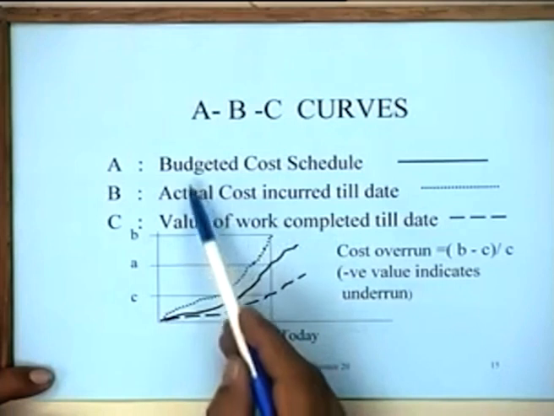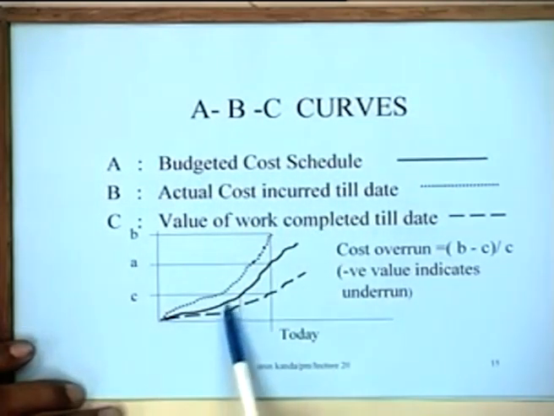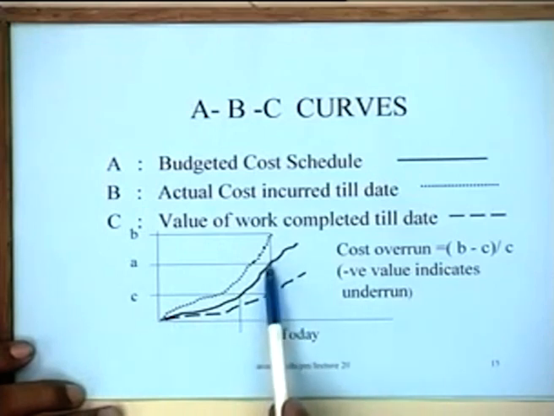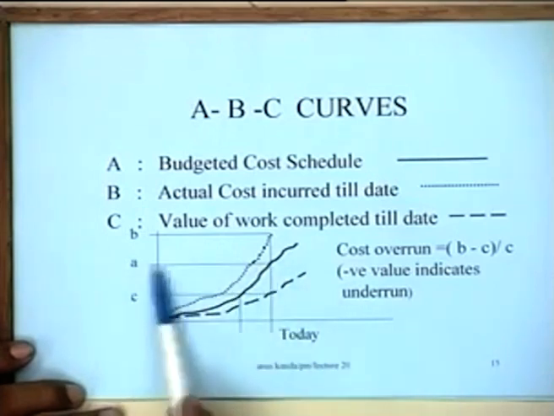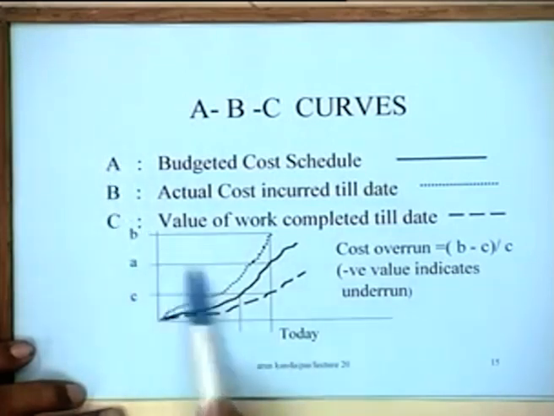So this is the budgeted cost schedule curve, and small a is any point on the curve capital A. That's the notation that I am using. So this is point a.